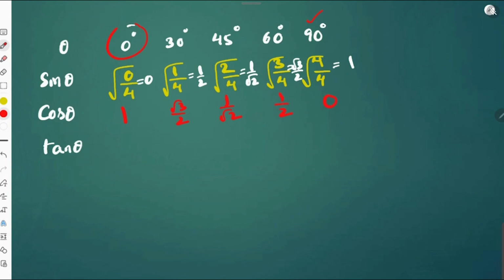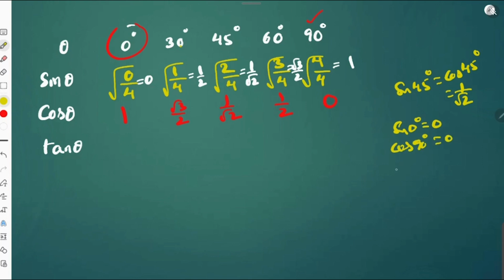Cos 0 is 1, cos 30 is root 3 by 2, cos 45 is 1 by root 2. Look at that here: sin 45 value and cos 45 value are both the same, 1 by root 2. And sin 0 degrees is 0, and cos 90 is 0. They are same. And sin 30 degrees is 1 by 2, and cos 60 degrees is 1 by 2.